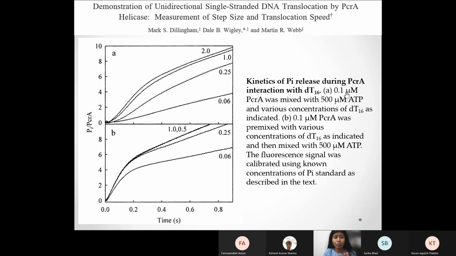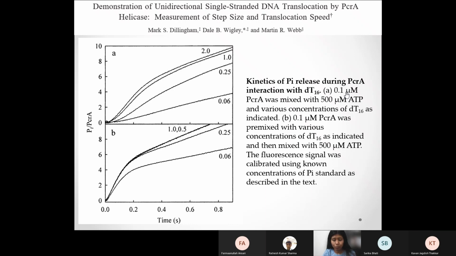As I mentioned, the translocase activity is studied by looking at the rate at which inorganic phosphate is released. If you would like to know how they measured the inorganic phosphate, as I mentioned, this is an old paper, so they were using quite different techniques.